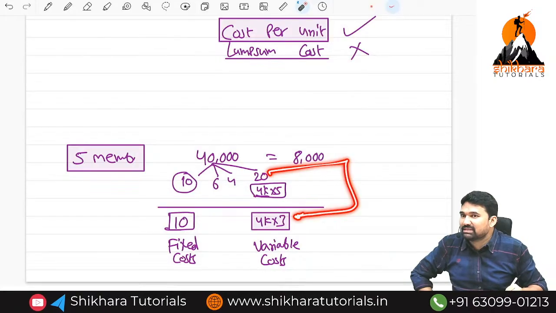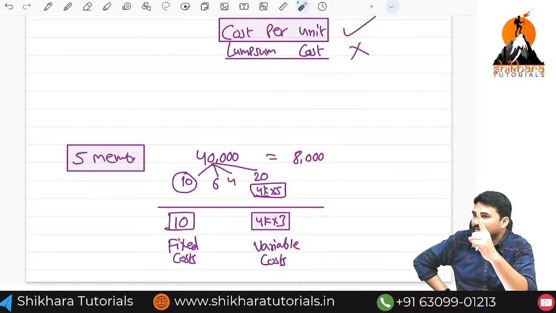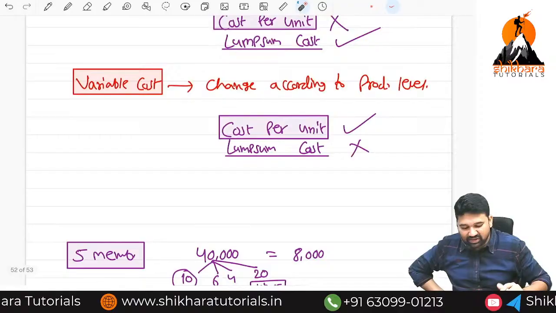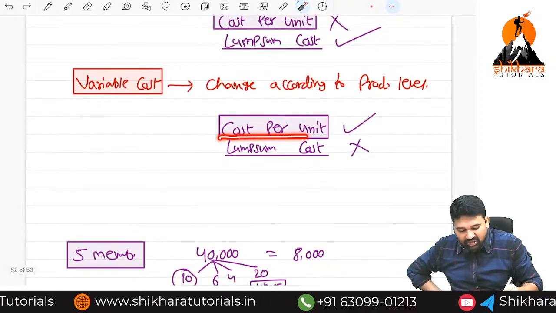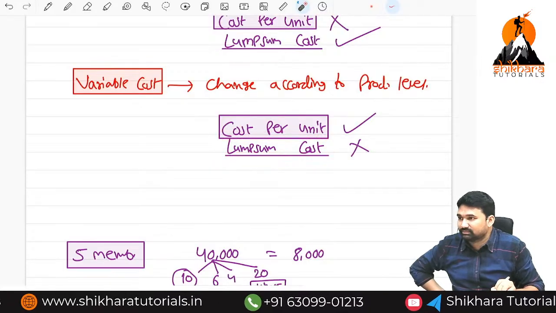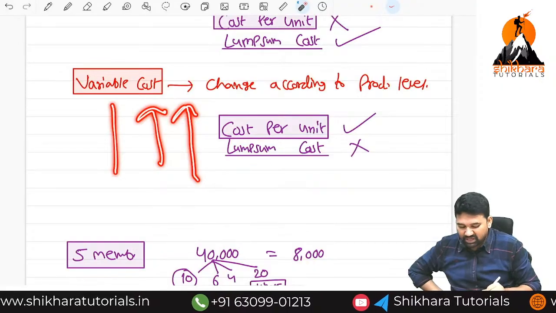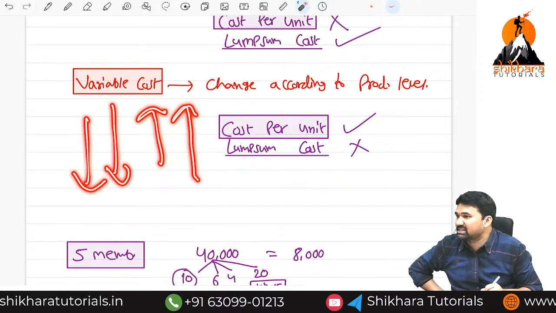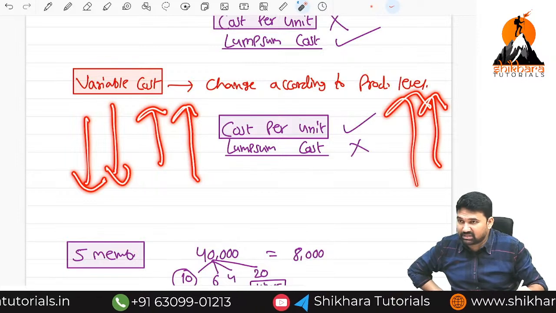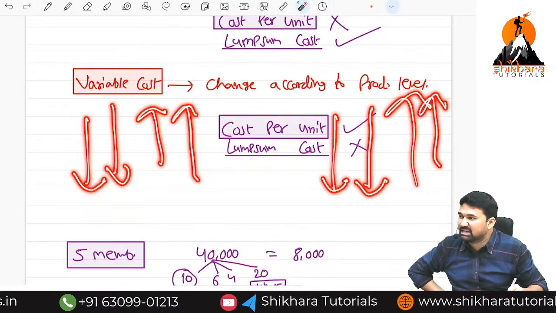Amount wise will change. Cost per unit is fixed. So this is the nature of variable cost: cost per unit fixed, lump sum cost not fixed. If you increase the production, variable cost will increase. If you decrease the production, variable cost will decrease. If 5 members are going for a tour, variable cost will increase. If fewer than 5 members are going for the tour, variable cost will decrease.